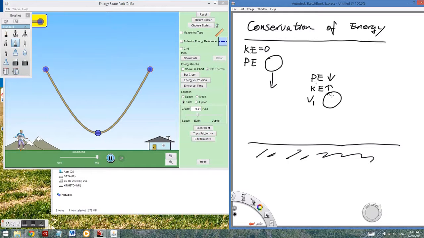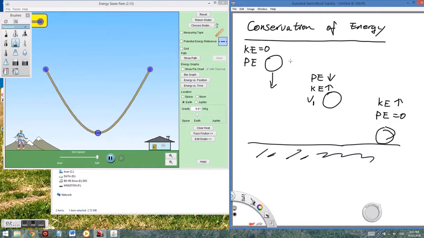This should make sense. When the ball hits the ground, the potential energy will be zero. However, the kinetic energy increases because it traveled faster.